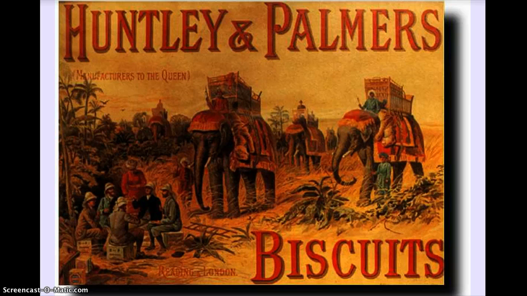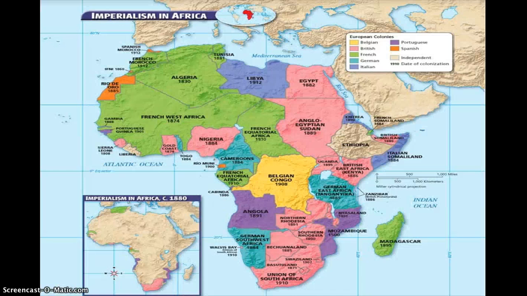Of course, tea is a product of the British Empire, grown in India, and what better to have with your cup of tea than Huntley and Palmer's biscuits? So everything is all tied together there, the ideology, but also the consumer culture, the marketing. It's all quite clever and effective in the way that advertising had begun to take off in the 19th century.